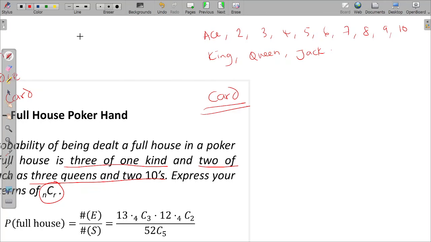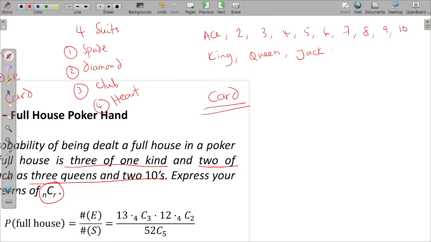For each of the cards, we have 4 suits: spade, that is 1, diamond, that is 2, club, that is 3, and heart.